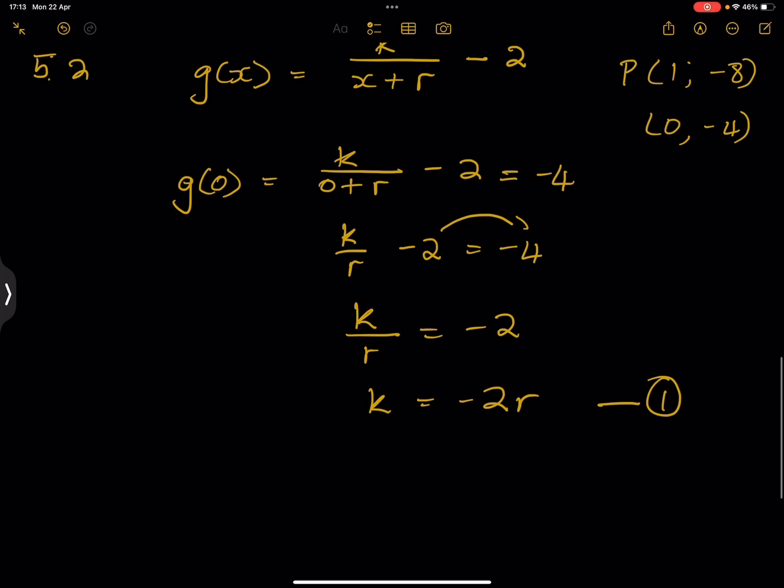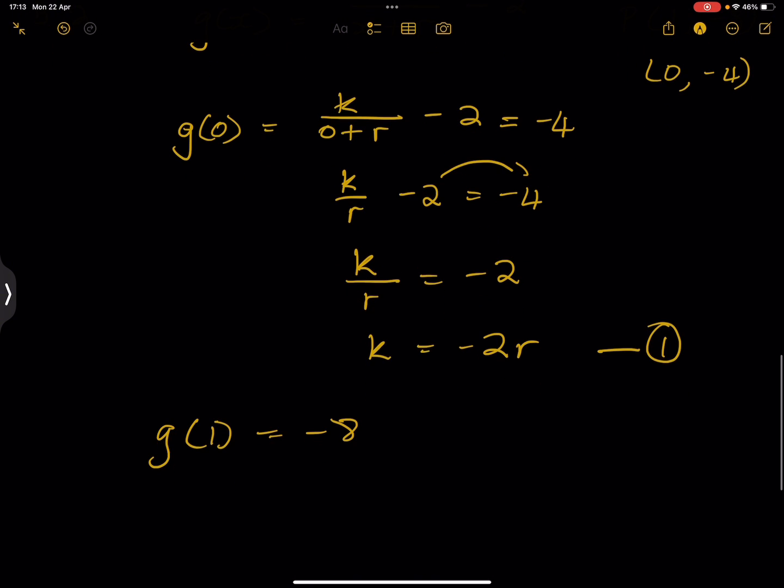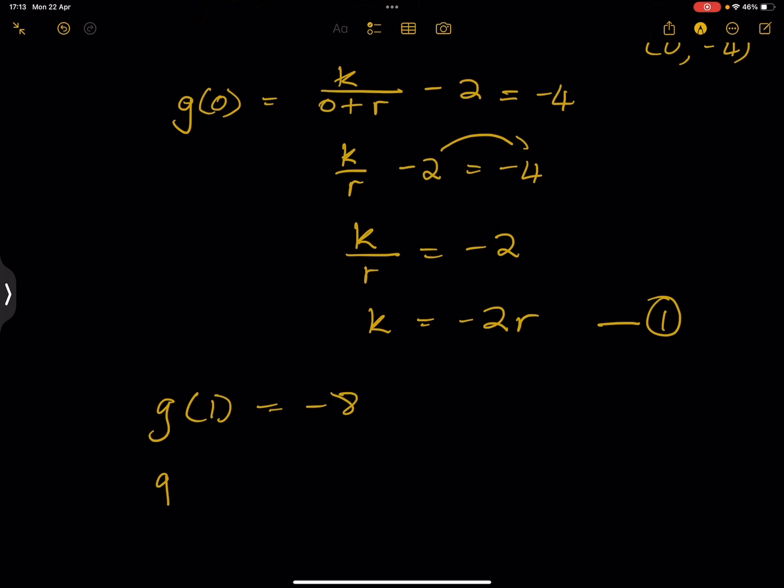I'll make that my equation 1. And now let me substitute g of 1, and what is this equal to? That's equal to -8. So going to my original equation again, g of 1 would be k over, remember x is 1, plus r, and this minus 2, and this now is equal to -8.